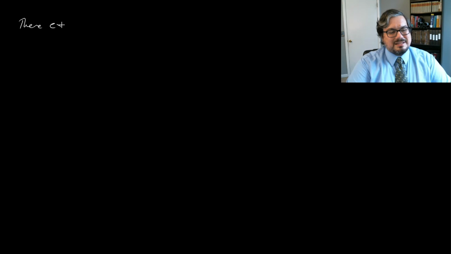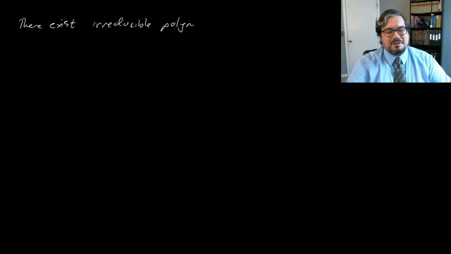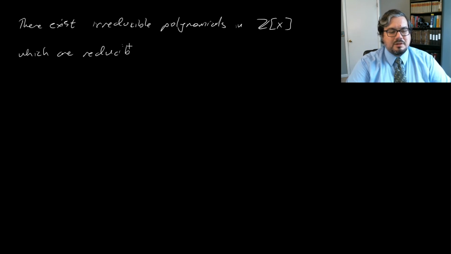There exist irreducible polynomials in Z adjoin X which are reducible modulo any prime. For instance, x to the 4th plus 1 is an example.